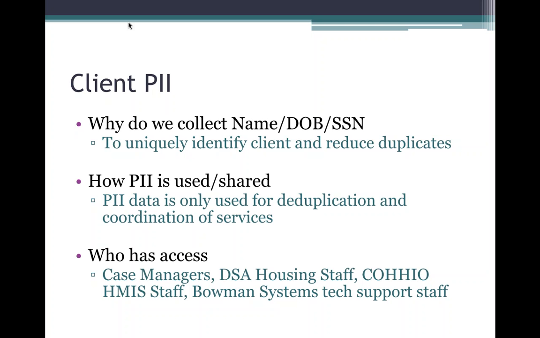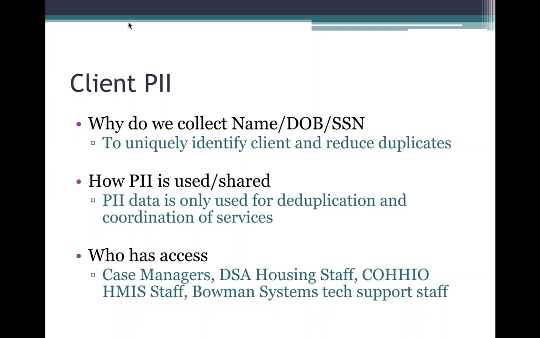So if someone's had an issue with chronic homelessness, has had several shelter stays, then if they had a new entry every time, then it looks like 5 people instead of just one person. It doesn't tell us as much about that client's needs and doesn't help us address those needs as a system. So the way PII is used is specifically for deduplication and for coordination of services.